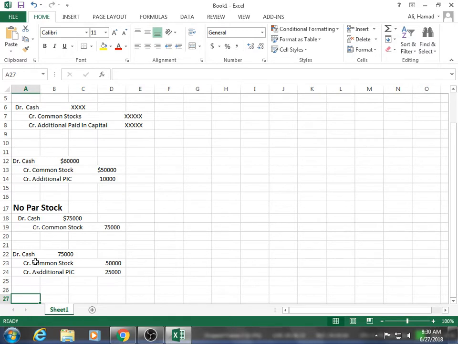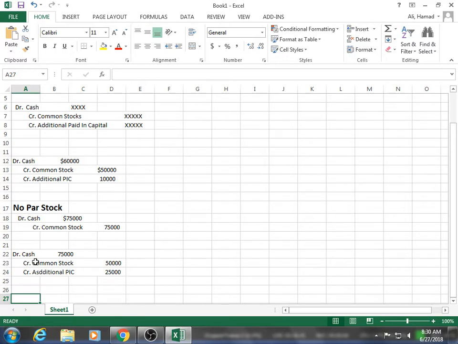The lawyer is getting how many shares? 200 shares. Yes, but the market value of the shares is $3,000 in this case.